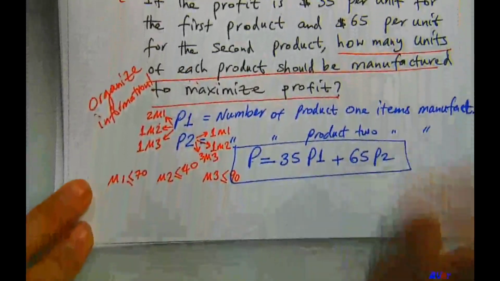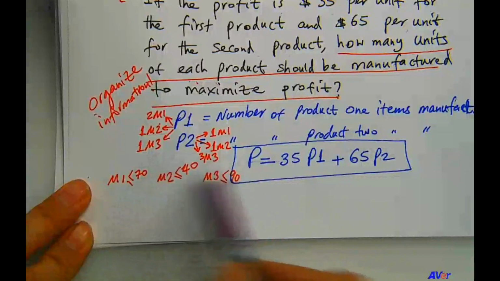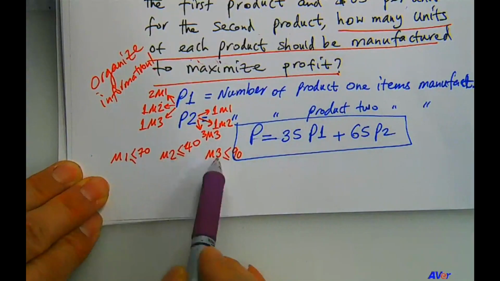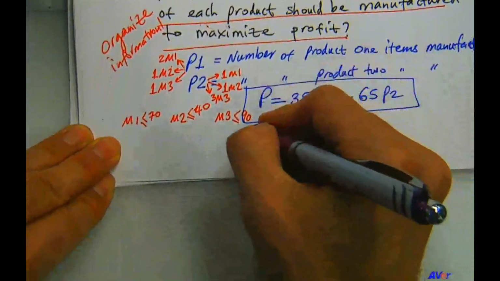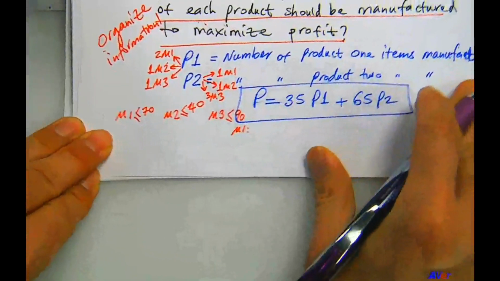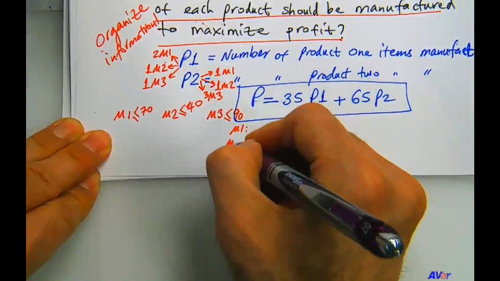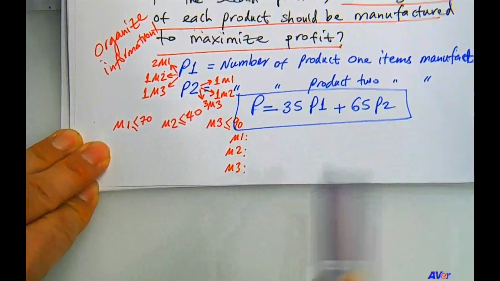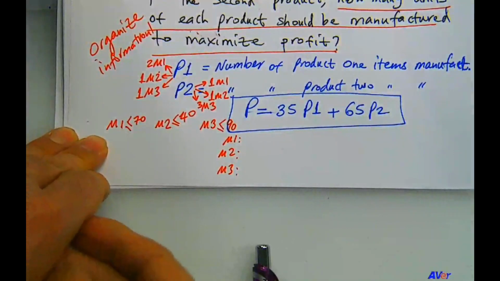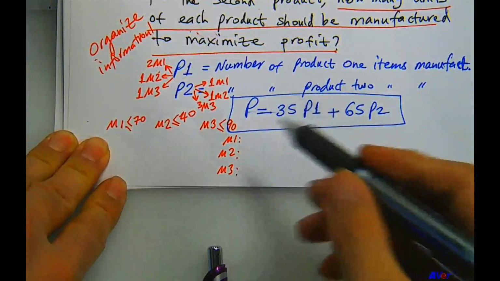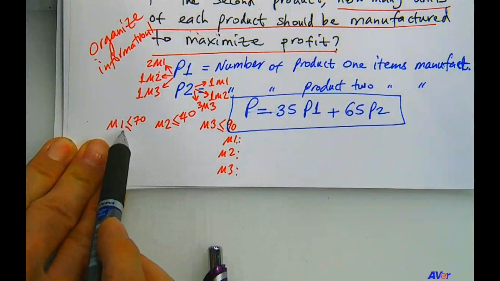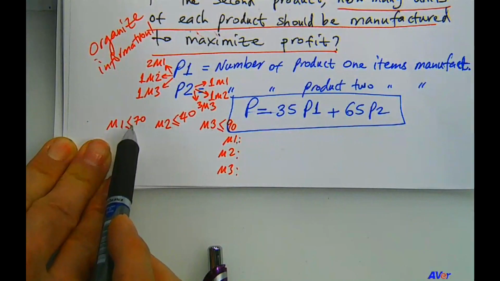So let's write down our constraint inequalities. We have 3 constraints, right? The constraint on each machine. So the constraint on machine 1, constraint on machine 2, and constraint on machine 3. All right. So we can write that machine 1 cannot be used more than 70 hours, right? Less than or equal to 70 hours.